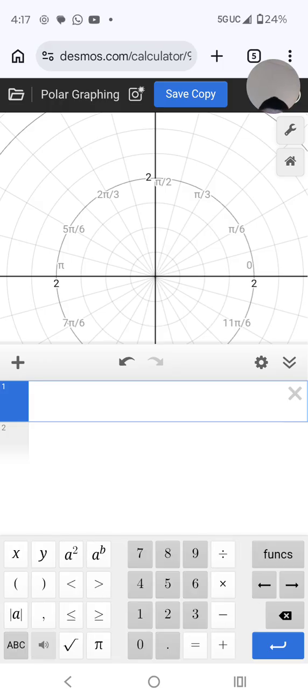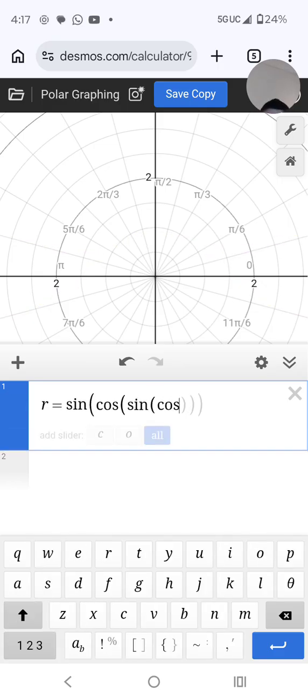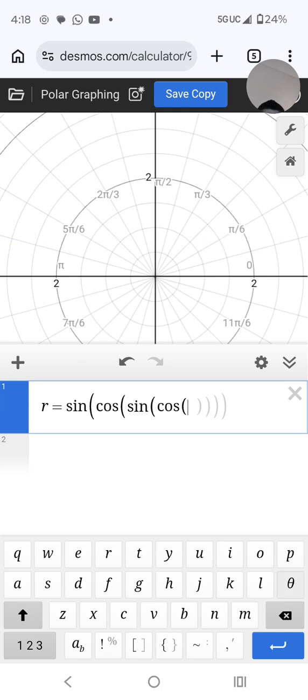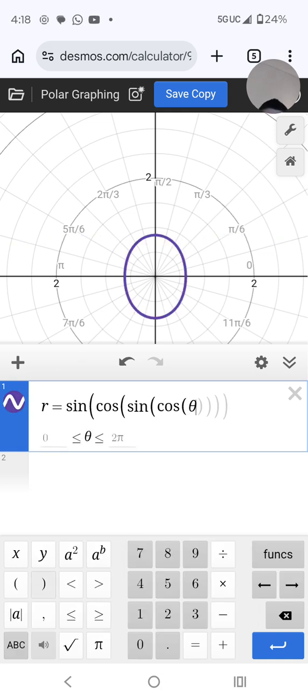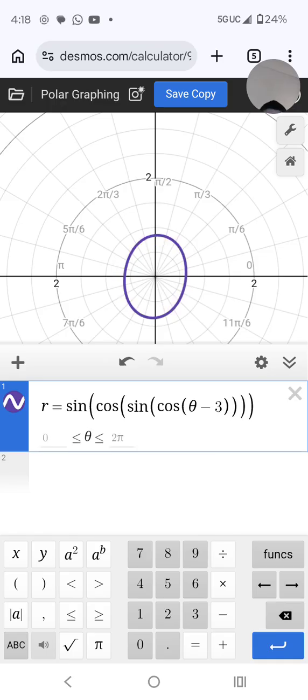One last graph. It's an ellipse. And if we do theta minus anything, it rotates.